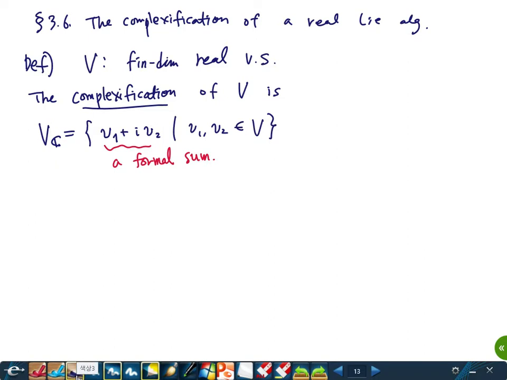Formal sum means this should be regarded as something like a pair. It's a pair, but instead of writing this as a pair, we will just write it like a sum. But it's a formal sum, so it should be considered like that. I guess it's a bit confusing. So, as vector spaces, V sub C is really V direct sum V, because we have two components, like V1, V2.